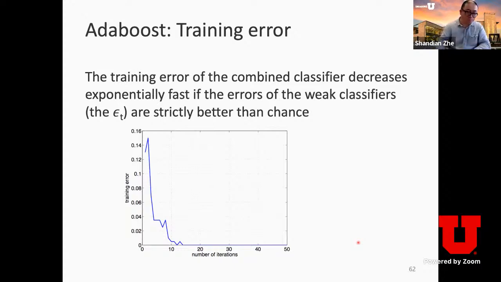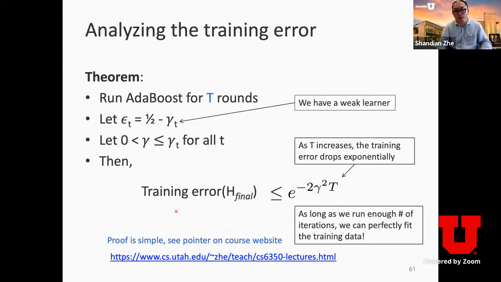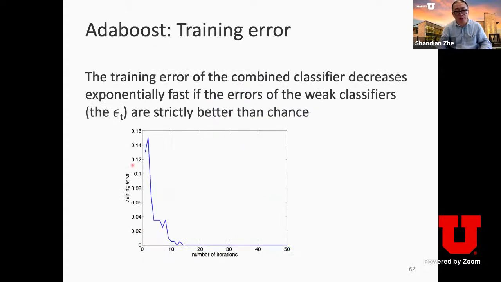So let us first look at the training behavior. I just want to show how the training error decreases from some practical examples. This is a training curve of AdaBoost on a typical machine learning data set. The x-axis represents the number of iterations, meaning how many weak classifiers you have learned, and the y-axis indicates the training error or empirical error.